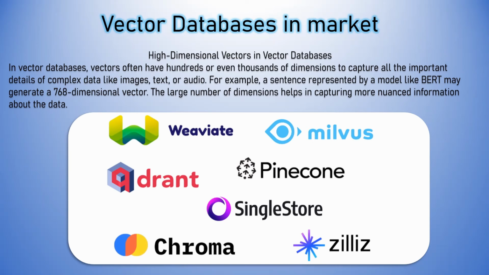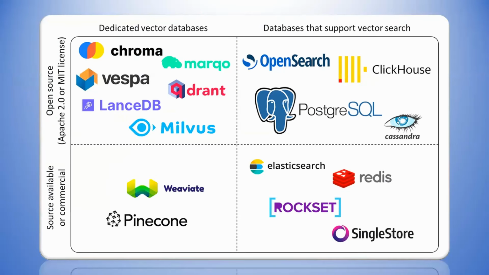So these kinds of vector databases are available, and you can get into more detail on them. Whatever companies or service providers you see here are purely from the vector database perspective. Whereas we already have traditional databases such as PostgreSQL, Cassandra, Elasticsearch, Redis.